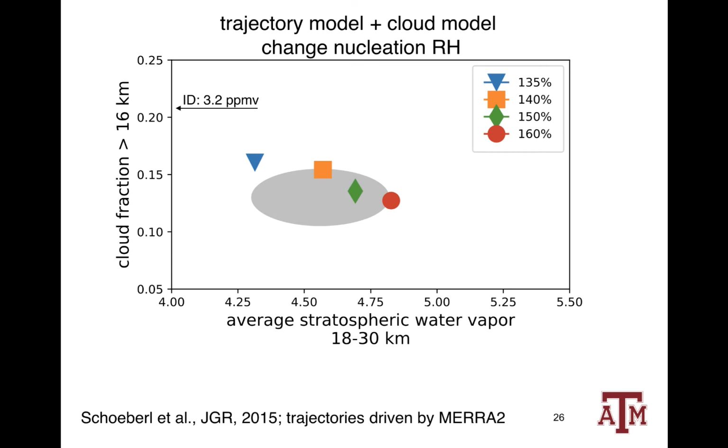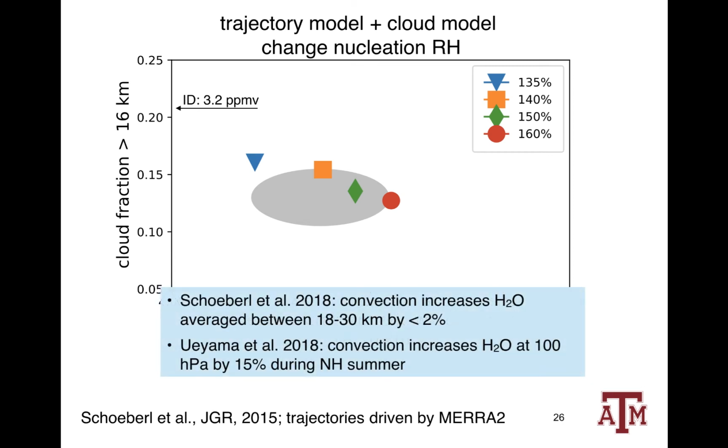Which is probably about right. And Mark actually estimated in this paper that, averaged over the bulk stratosphere, convection only added a few percent at most. And Uyama et al., 2018, estimated that convection at 100 millibars increased water vapor by 15% during the summer.